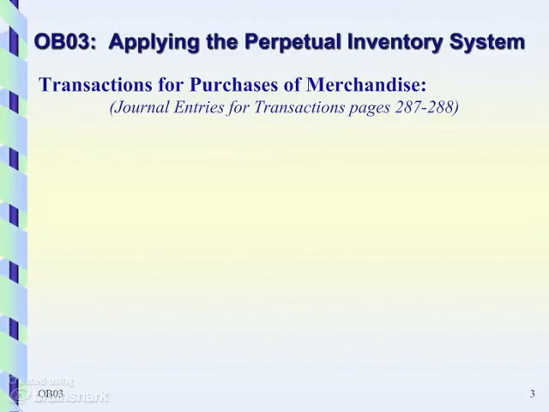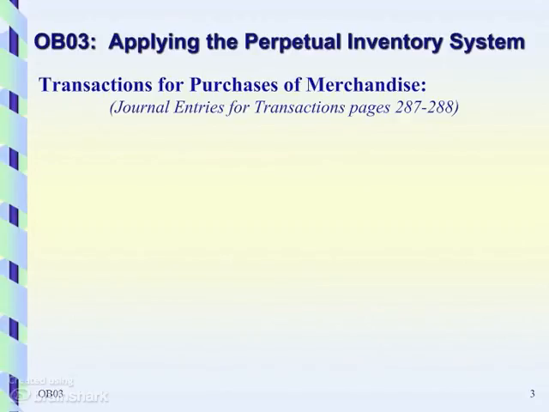This is because, again, under the perpetual inventory system, everything is constantly and routinely being updated. Any costs associated with freight in is included in the cost of goods sold section under a perpetual inventory system.